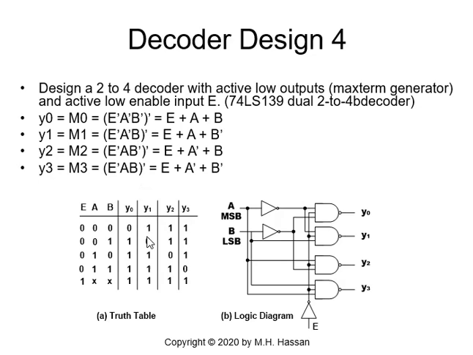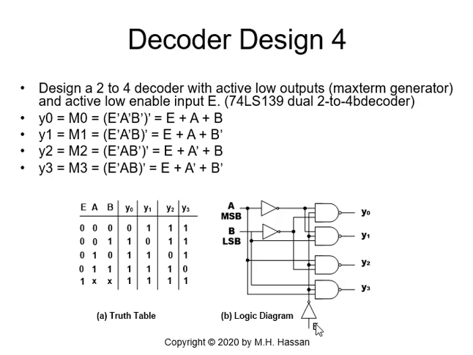The same thing, Y1 is 0 when I have E or A or B prime. It is 0 when I have E or A prime B. And Y3 is 0 when I have E or A prime B prime. So you get the logical equations. And again, it is the same previous circuit in design 3, we just added an enable signal.